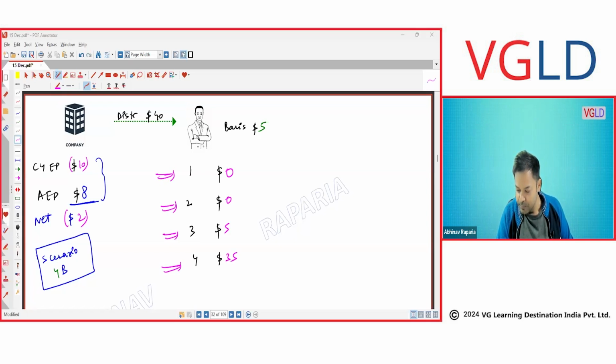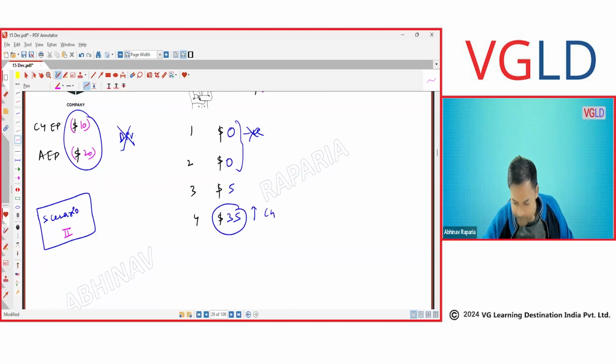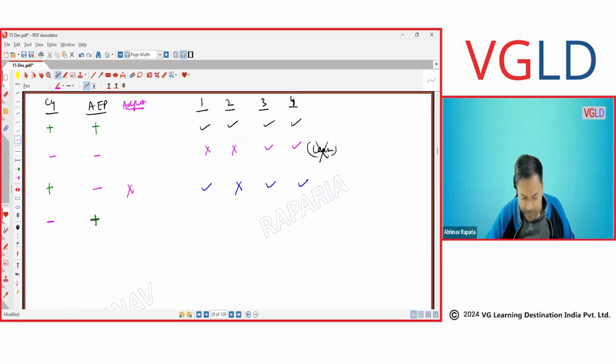So if I draw that table for you again, if this is negative, this is positive, we are going to first of all adjust them. Now, after adjusting, 2 things are happening. If it is coming positive, then I'm taking 2, 3, 4, or I can say net also.